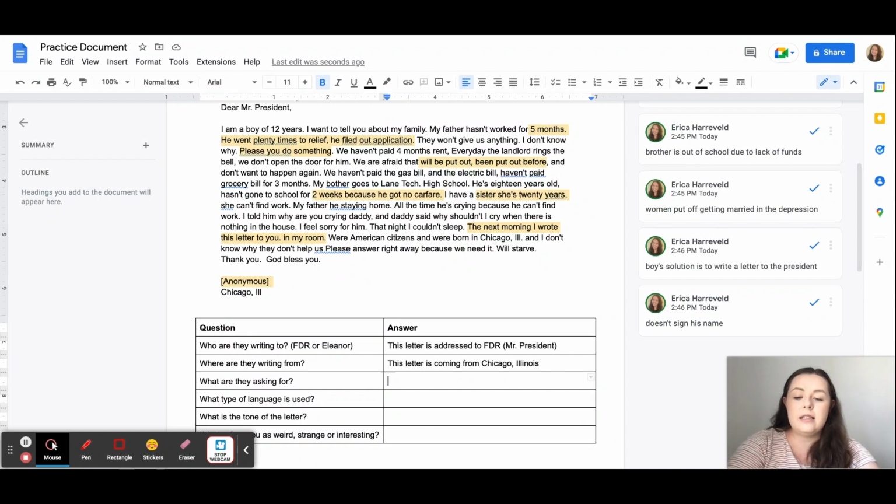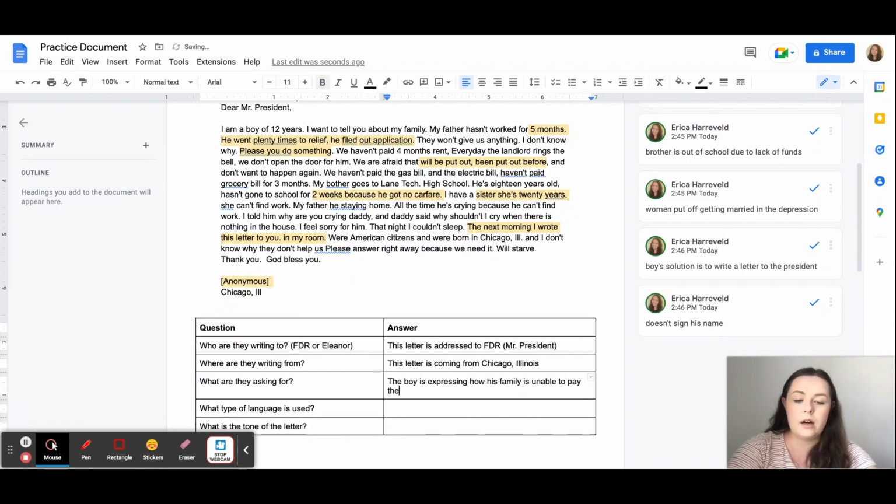Essentially, the boy is expressing how his family is struggling to pay their bills, and the father and sister are out of work.